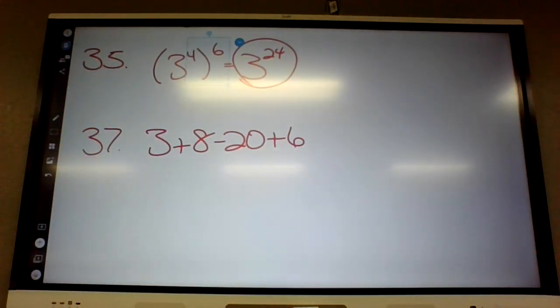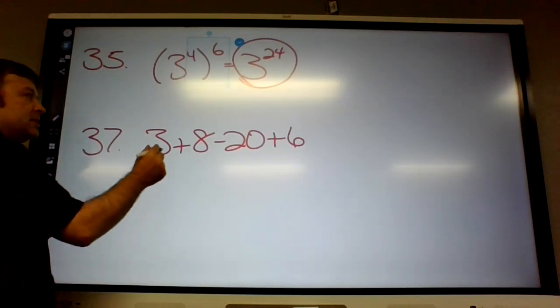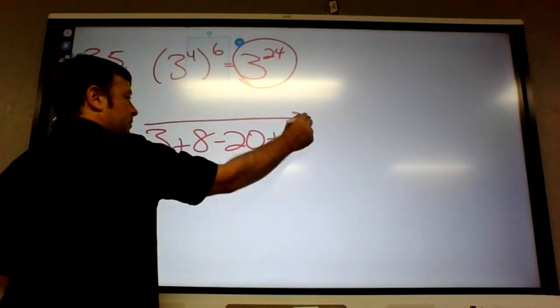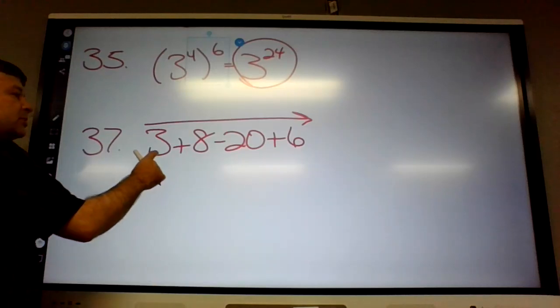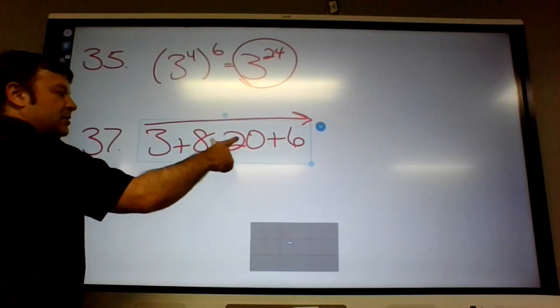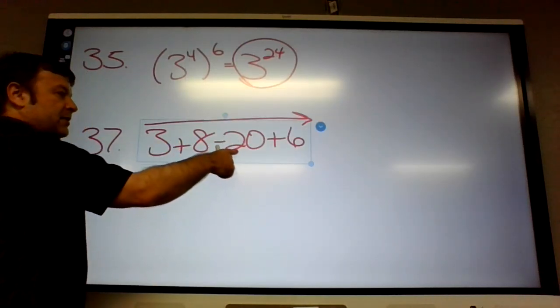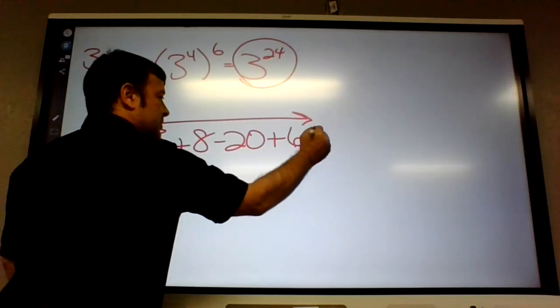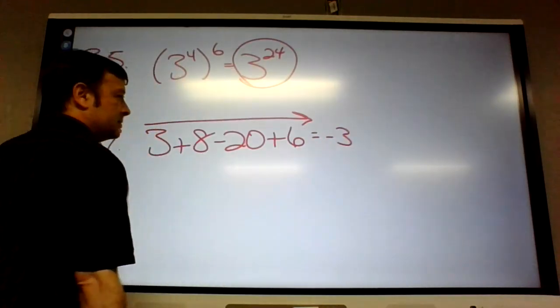And then add and subtract are tied, so that means you just go left to right. So 3 plus 8 is 11, minus 20 is negative 9, plus 6 is negative 3.